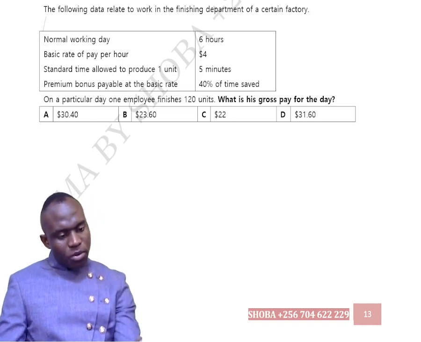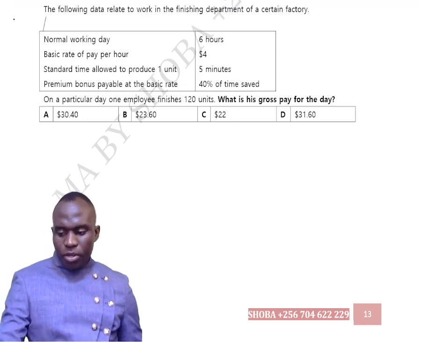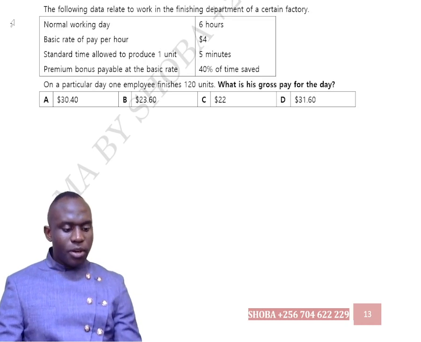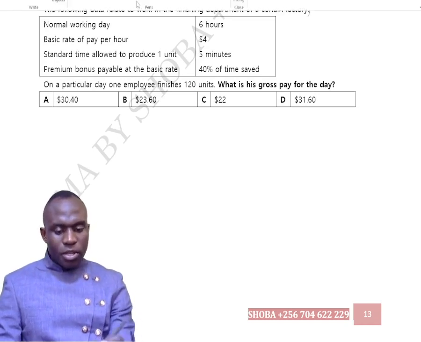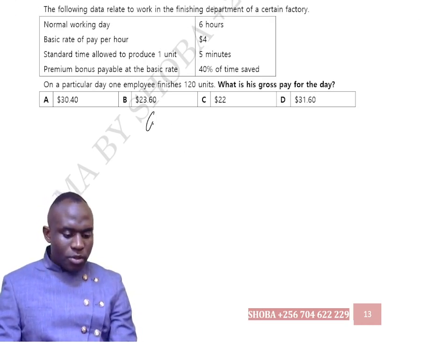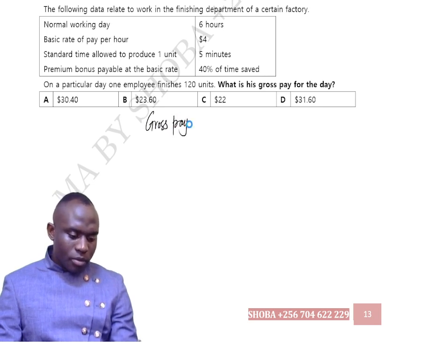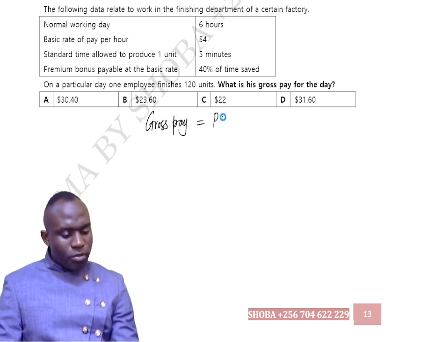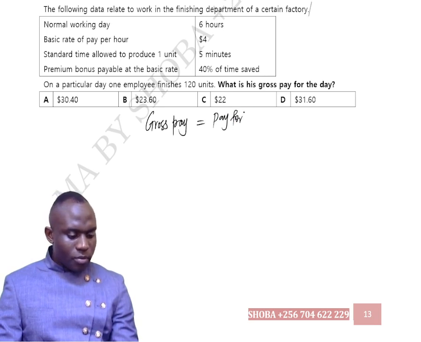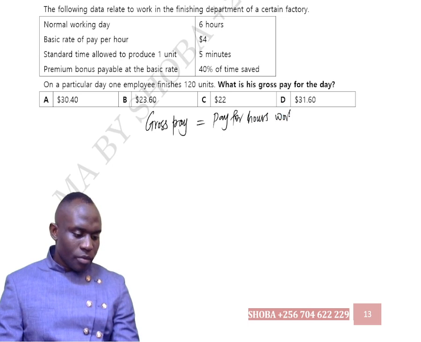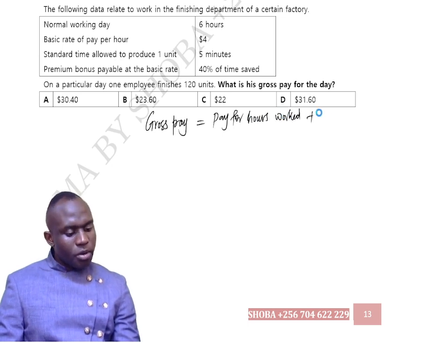So we have a second question, and the requirement is they want us to calculate the gross payment. And we said, how do we calculate gross? Gross payment is pay for hours worked, then plus the bonus payment.